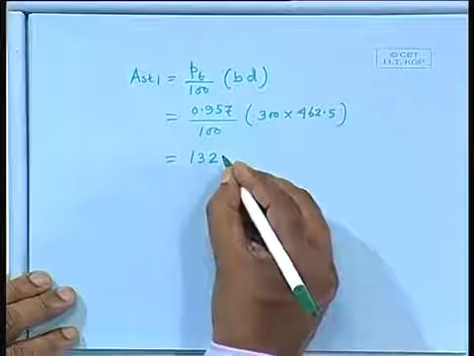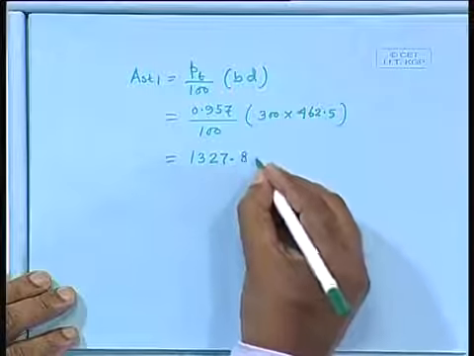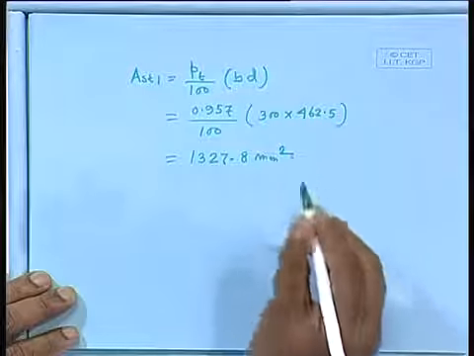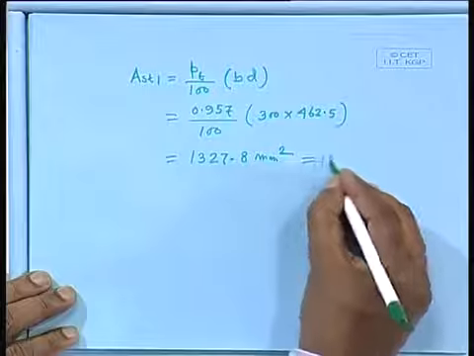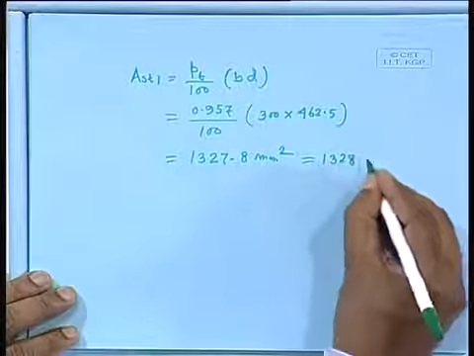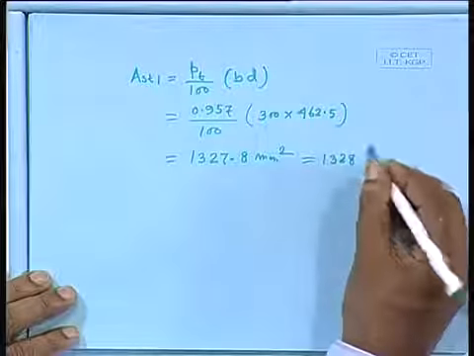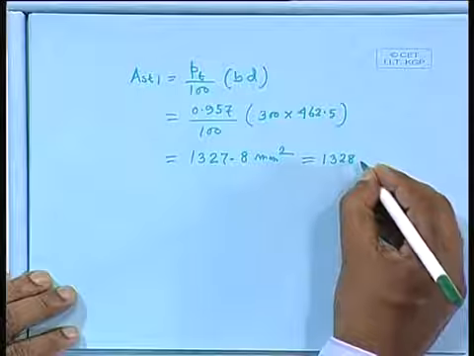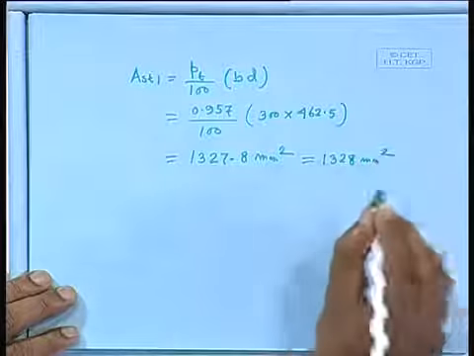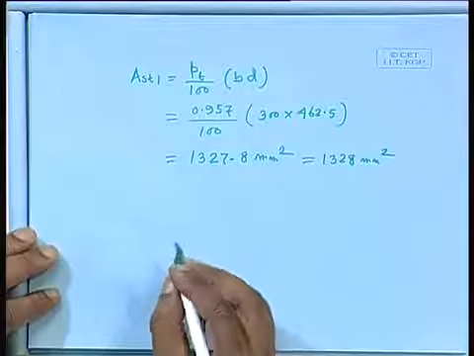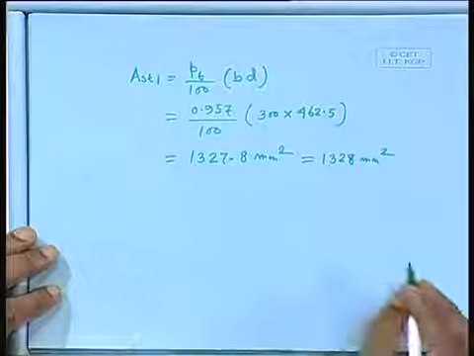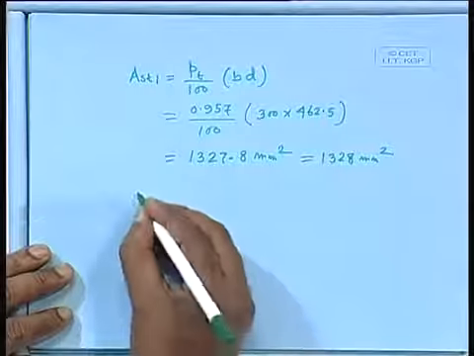1327 millimeter square. Let us say 1328. What about area of steel?